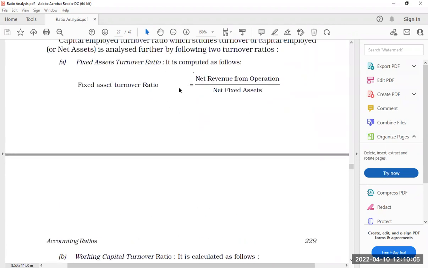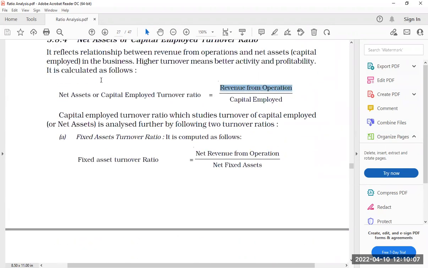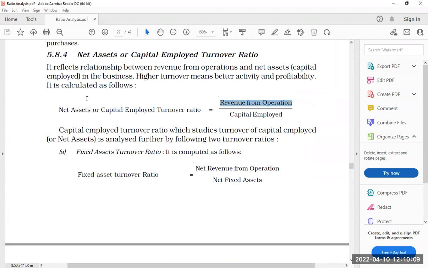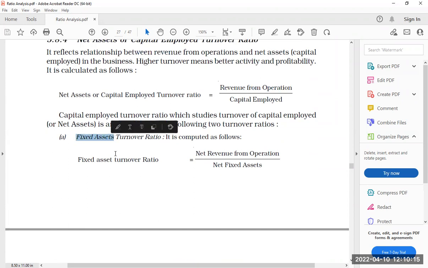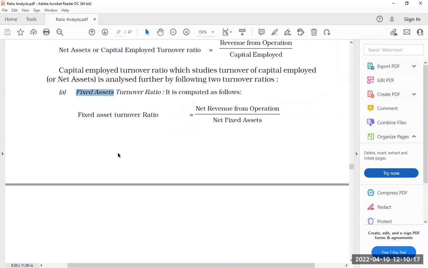Next, fixed asset turnover ratio. Net asset means all the assets put together. Here it is only fixed asset. Fixed asset turnover ratio is equal to sales divided by net fixed asset. What is net fixed asset? Fixed asset minus depreciation. Here also the same logic: the higher the ratio, the better the efficiency.